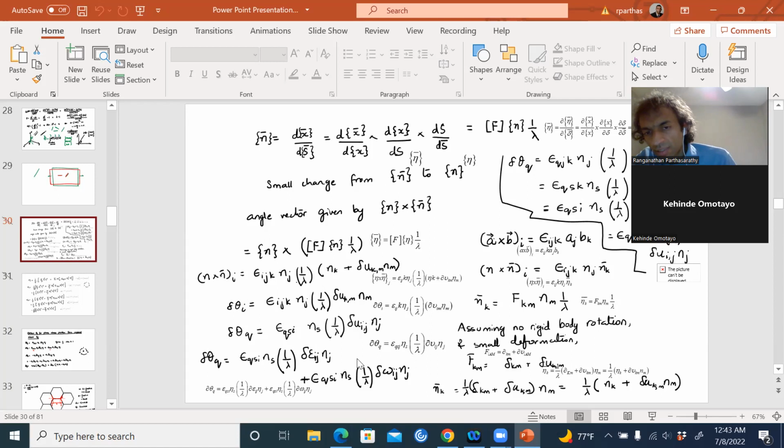The second part is because of rigid body rotation. So this will give the total change in angle for our member. In most of our work until now, we are taking care not to apply any rigid body rotation.